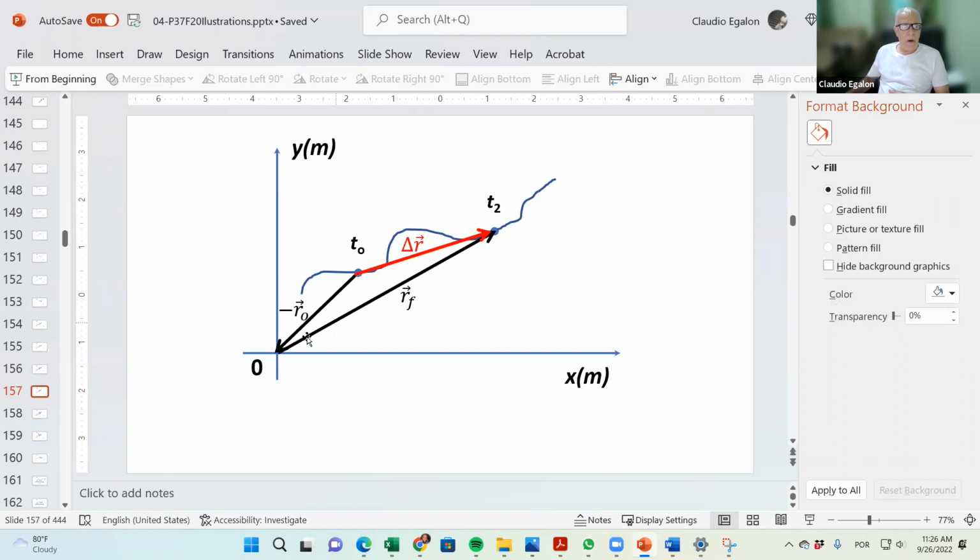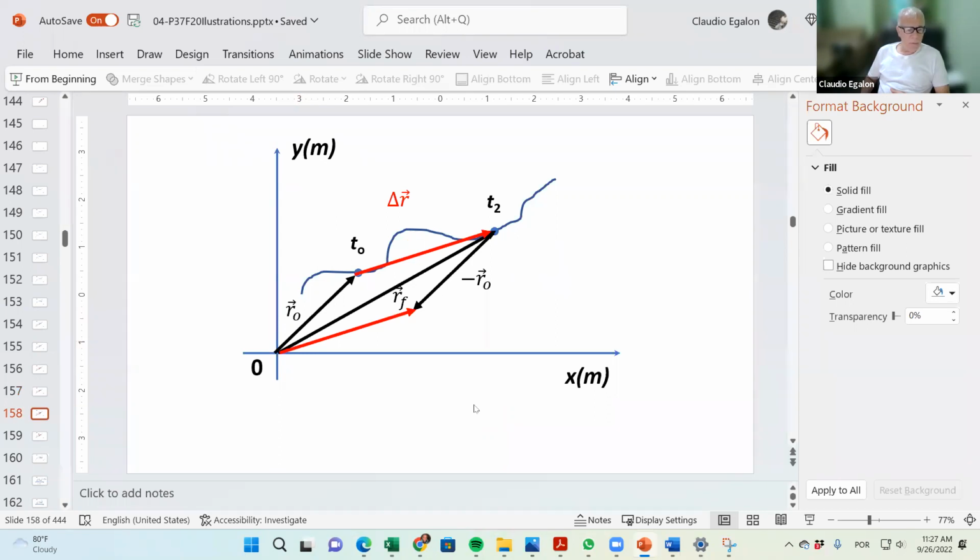Delta R is RF minus R naught, or if you prefer, delta R is minus R naught plus RF. That's how we find out whether a new definition is a vector or not. It is by its definition itself, if its definition is related to an original vector.